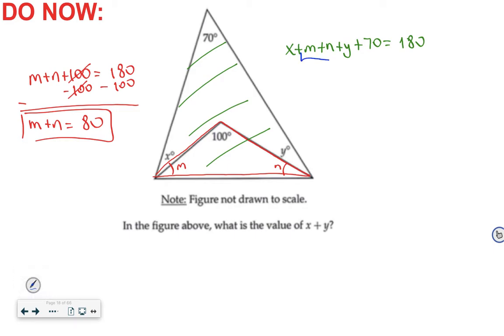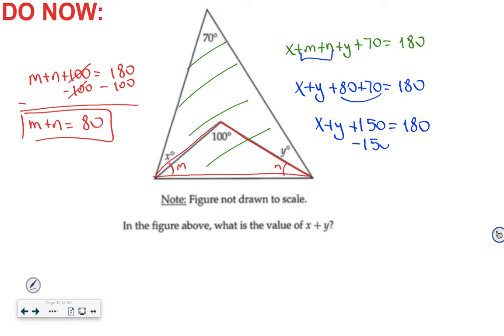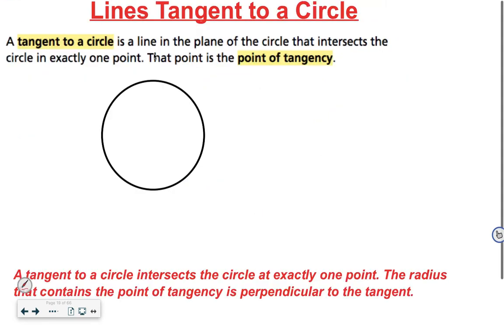Which is 80. Substitute. X plus Y plus 80 plus 70 is equal to 180. If you add them up, you will get X plus Y plus 150 is equal to 180. If you subtract 150 from both sides, you will get that X plus Y is equal to 30. And this is your answer.